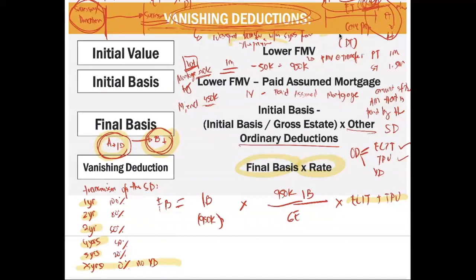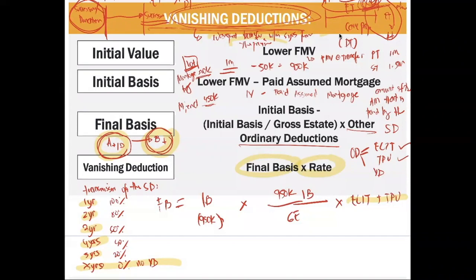How to compute? Initial value, then initial basis. Take note, paid assumed mortgage, that is the amount of the assumed mortgage that the subsequent decedent paid. Final basis, you get your initial basis less your deduction. And then we have your vanishing deduction: your final basis times the rate. Clear?